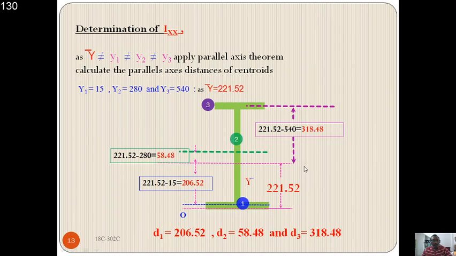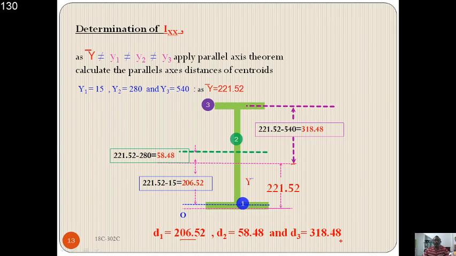We need to get d1, d2, d3 by subtracting: y bar minus y1 equals d1, y bar minus y2 gives d2, and y bar minus y3, where y3 is from the third part, this distance, gives d3.